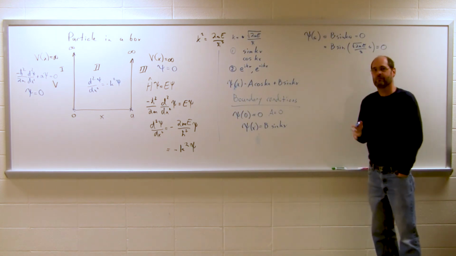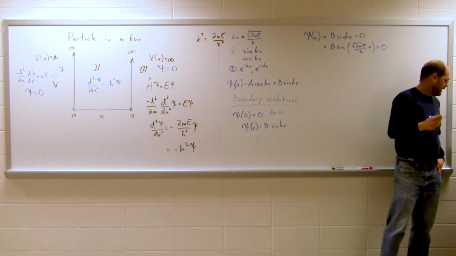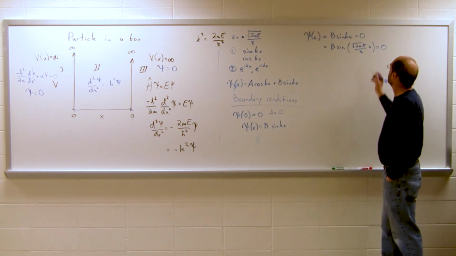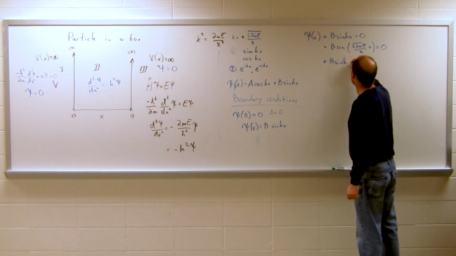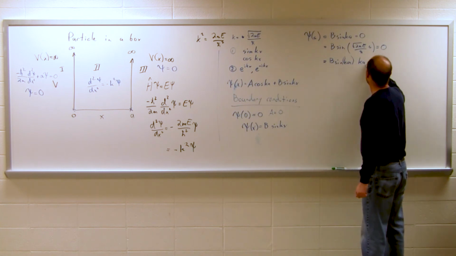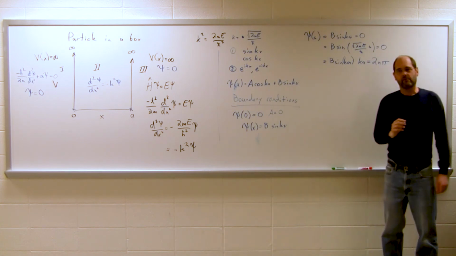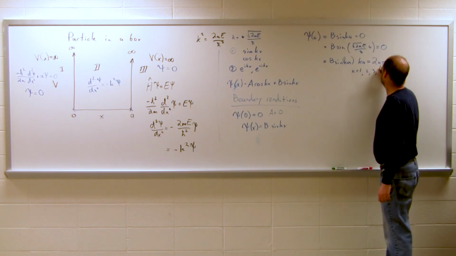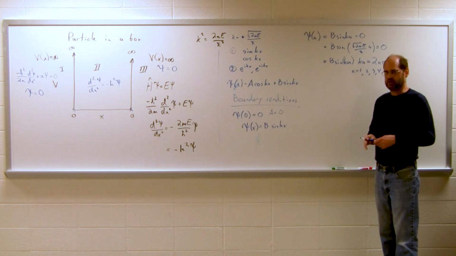Now, there are several solutions here. Namely that ka must be equal to n pi, where n is equal to 1, 2, 3, 4, etc. So that's my boundary condition.